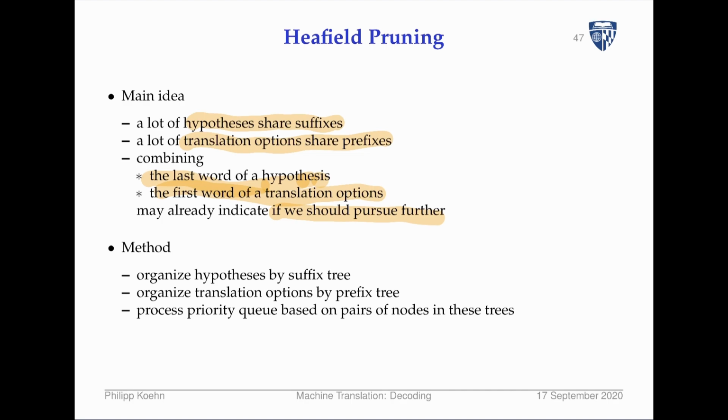Just seeing in our example, for instance, "he does go" and "does he went", no matter what the context, that is just bad. You can already tell from this bigram of the last word of the hypothesis and the first word of the translation option if this is something worth pursuing further. So the method here is to organize the hypotheses by a suffix tree and the translation options by a prefix tree, and then process a priority queue based on pairs of nodes in these trees.